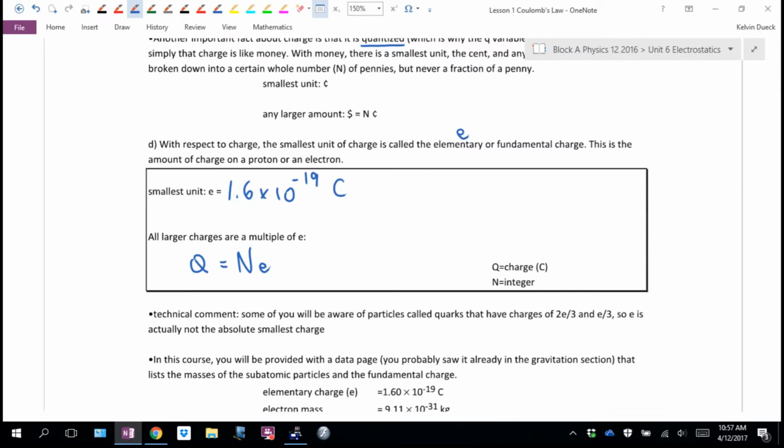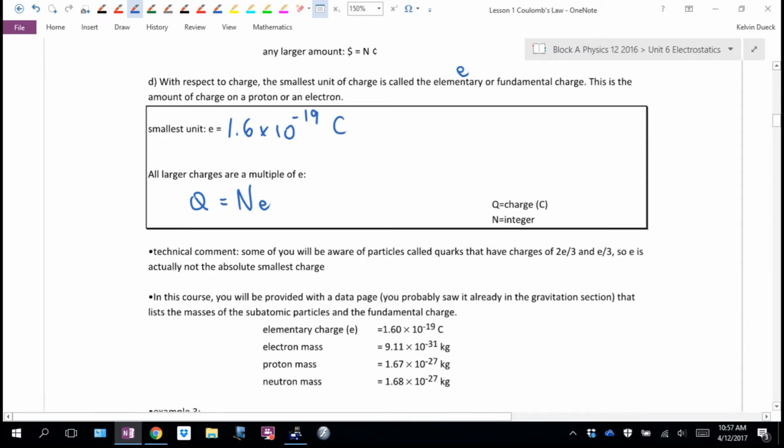I got to go nerd on you here, a little technical. Those of you that are really nerdy, you may be aware that this is already way out of date. This was okay in about 1920. And then we learned that there are even smaller subatomic particles. We learned that protons and neutrons are made up of quarks, and quarks have charges of 2/3 e and negative 2/3 e and 1/3 e and negative 1/3 e.